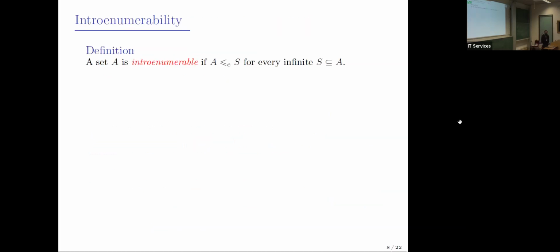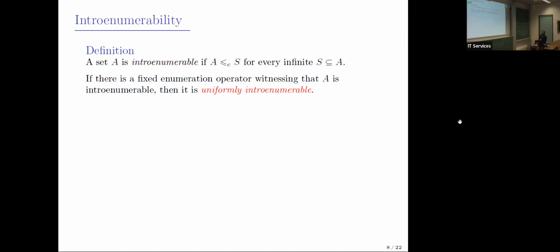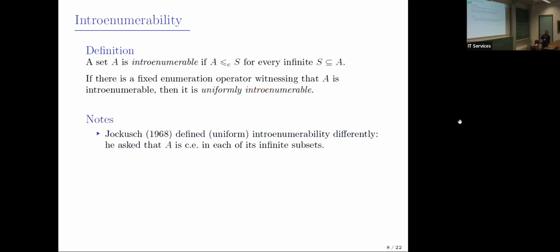Let me say a little bit about introenumerability. A set A is introenumerable if for every infinite subset S of A, A itself is enumeration below S, and if that is witnessed uniformly, then it's uniformly introenumerable. We did not introduce this definition. Well, we kind of did, because we got it wrong, but actually, Carl Jockusch in 1968 defined uniform introenumerability by asking that A be CE in each of its infinite subsets.